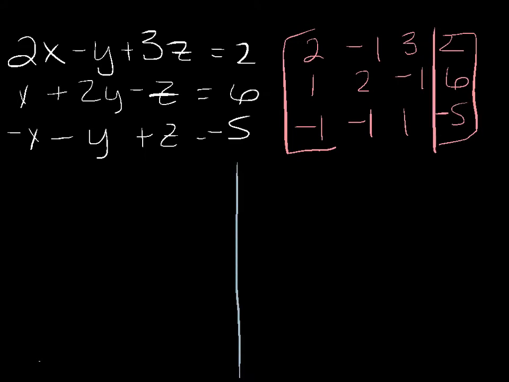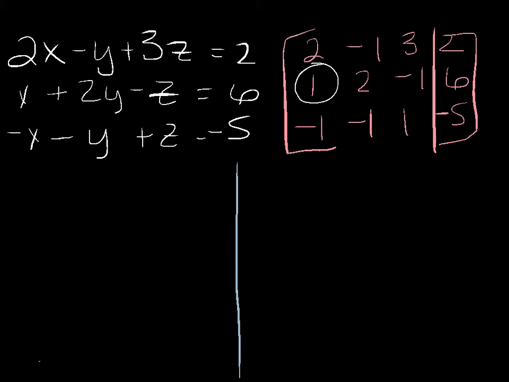Now I need to set up my columns. So my first matrix is my pink one up here. I always want my first row, first column entry to be a 1. Notice I have a 1 in that second row.